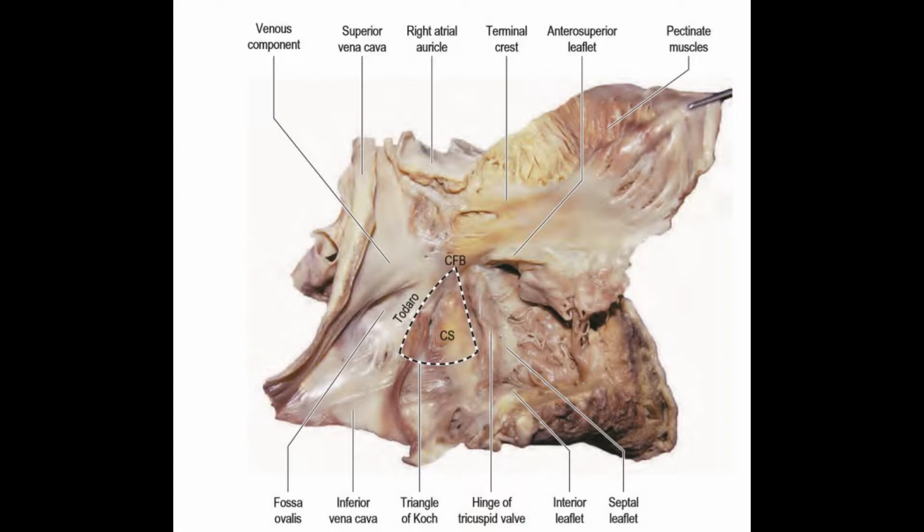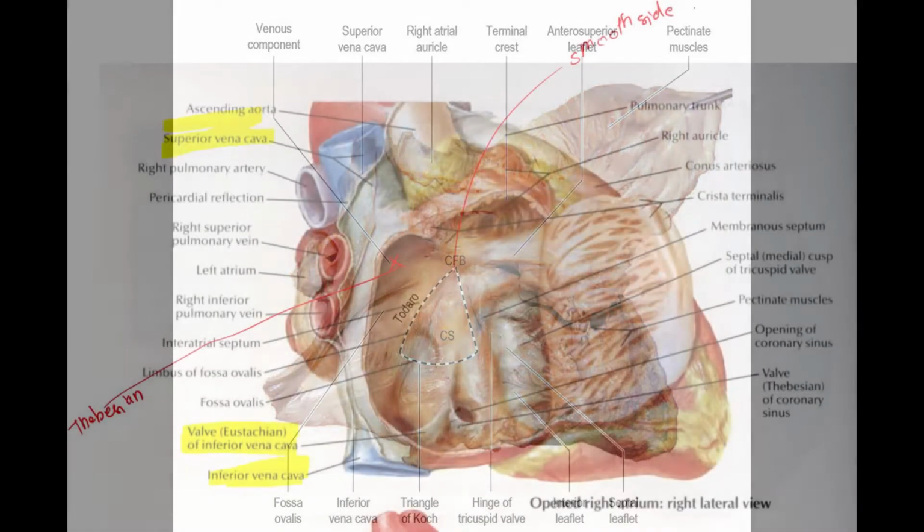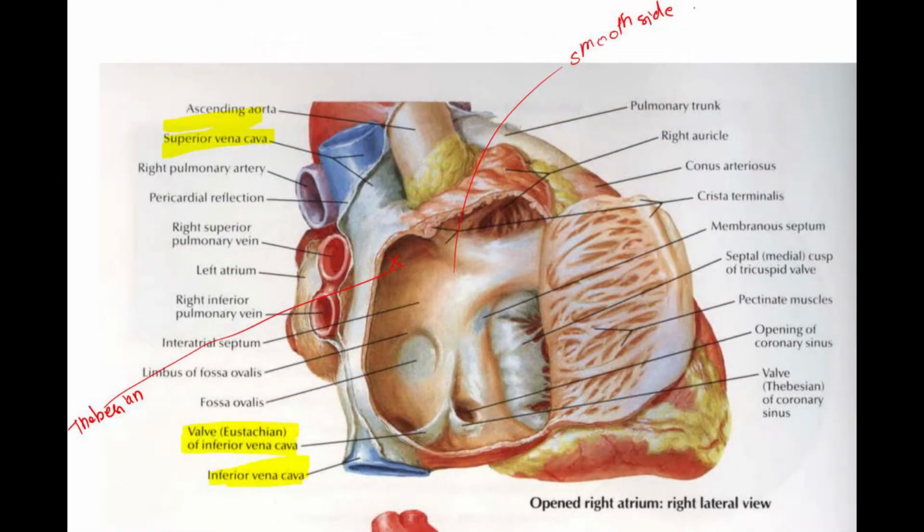Apart from the smooth surface, there are also tuberculated regions and regions that consist of the pectinate muscles. The superior vena cava enters the base of the heart near the superior side of the atrium, and it drains the entire head, neck, and upper limb.